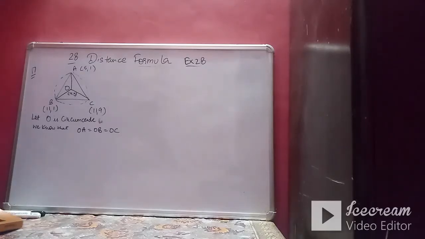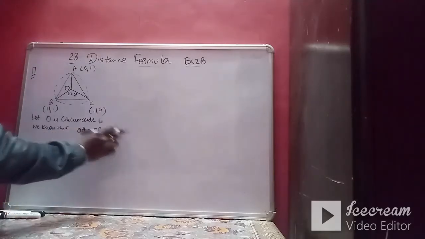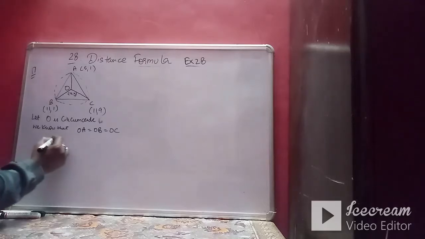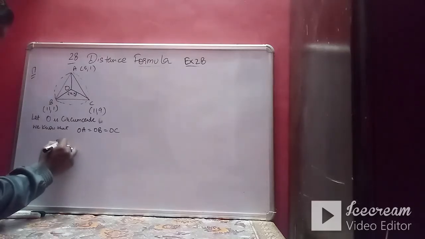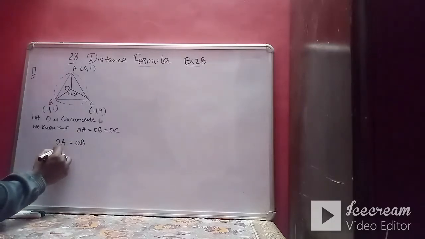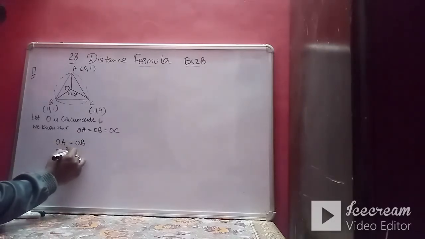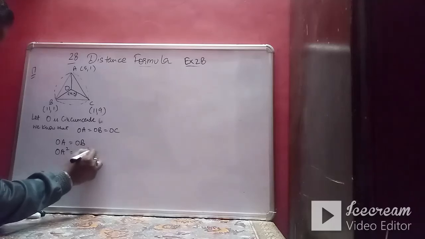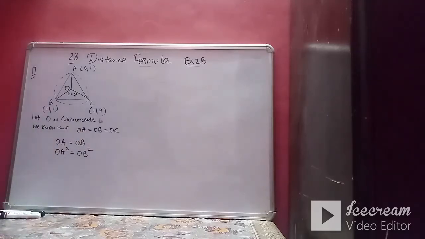So we have to find the value of x and y. What we are going to do, we will take these two conditions together. First I will take OA equal to OB. Now I will square, so OA square will be equal to OB square. So let's calculate OA first.